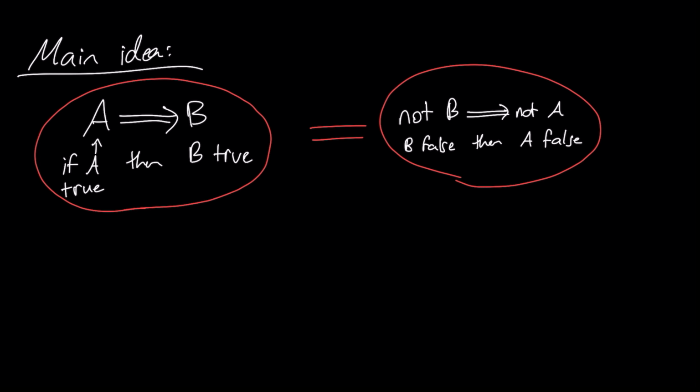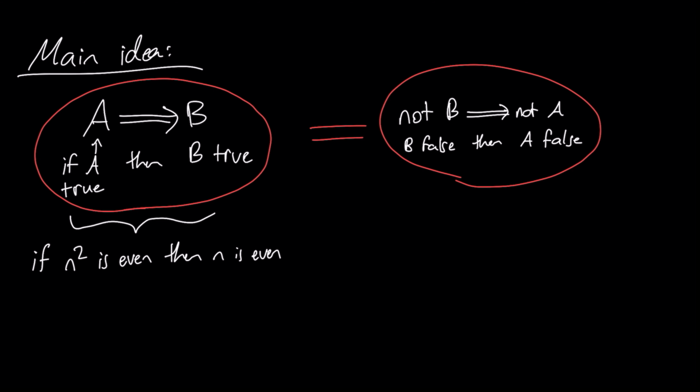This is something where I found I had to meditate on the idea for a bit before I really believed it. And once I really believed it, I could confidently use it in proofs when I felt it was necessary. So in our example, our A implies B statement is if n squared is even, then n is even.